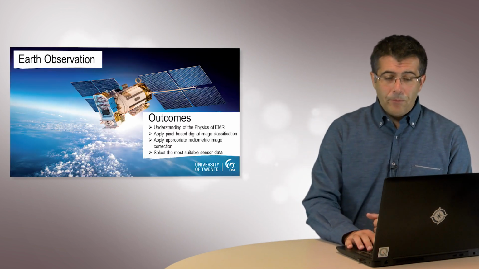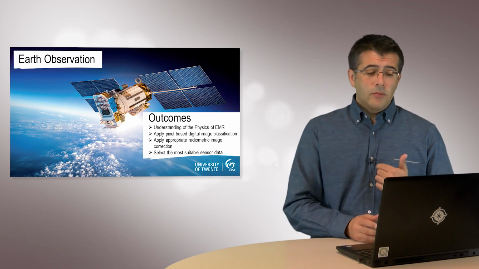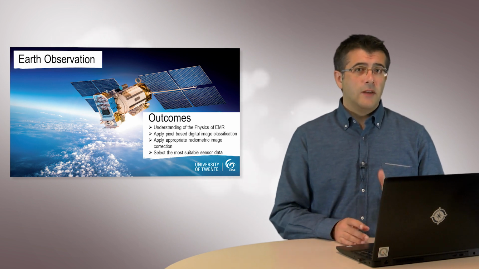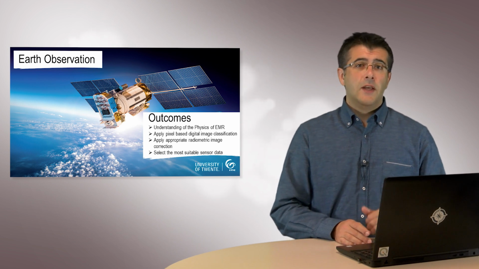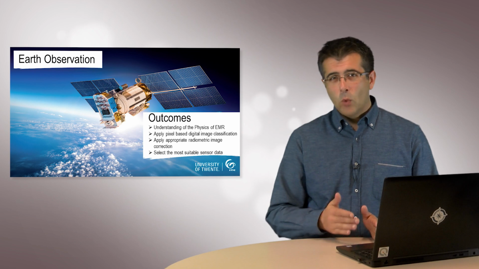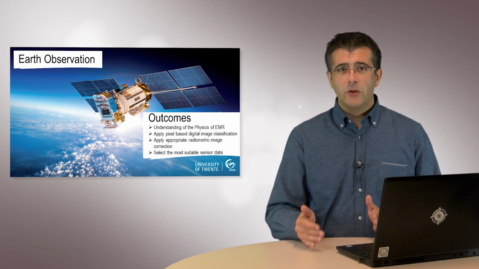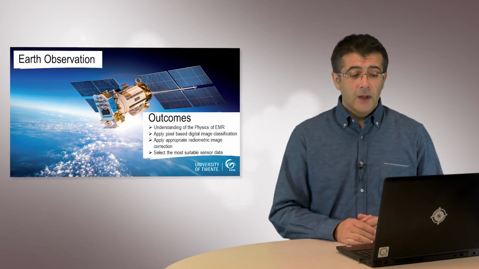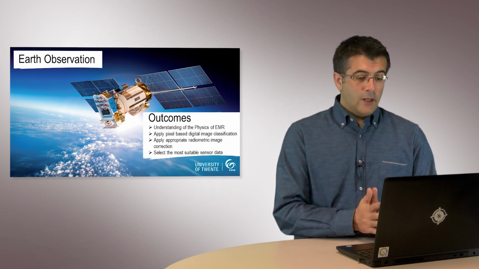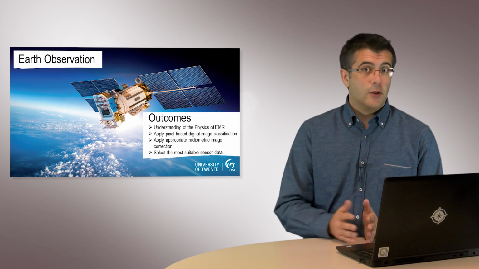Now, this course aims at several learning outcomes. The main ones are highlighted here in this slide, and I will just briefly describe exactly what are the units that make this course. But before I go into that, as learning outcomes for Earth observation, these ones are the most important.